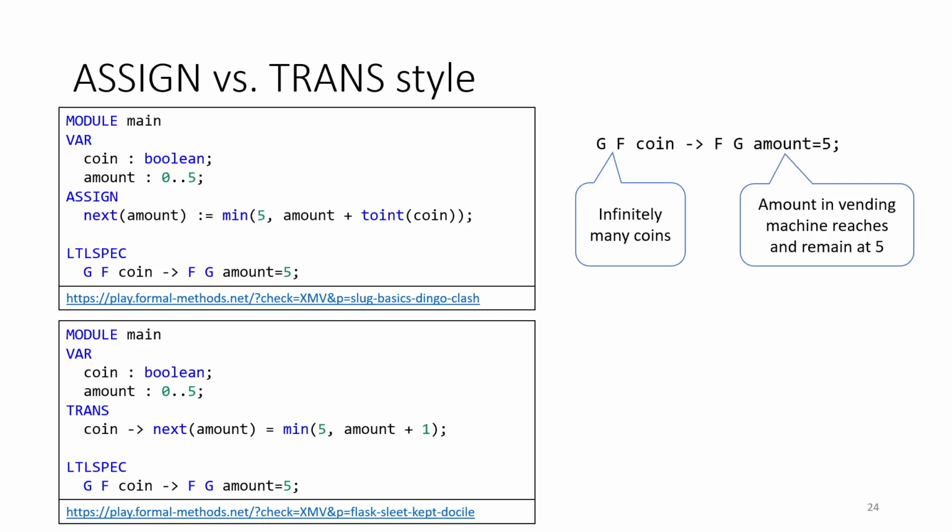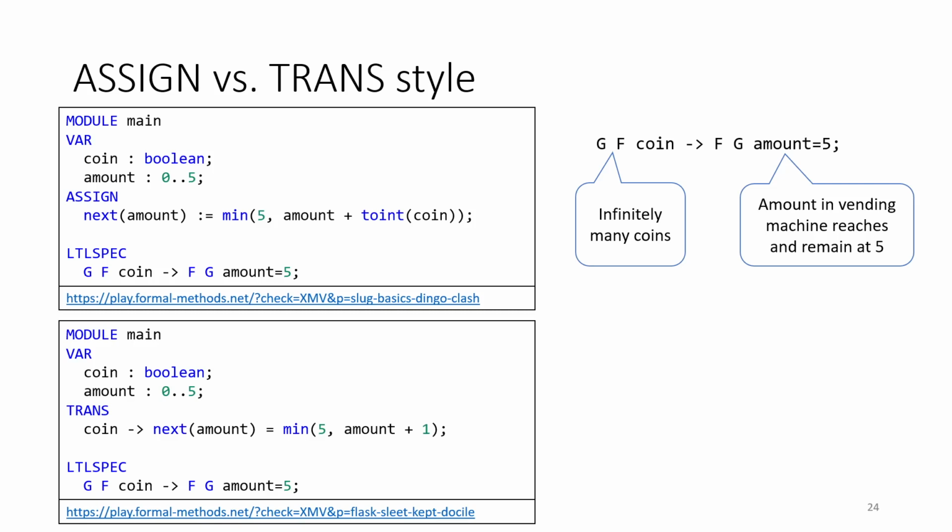That's this kind of assignment here. And if it's, let's say, the amount is already maybe 2, and coin is true, then there's 2 plus 1, that's 3. And the minimum of 5 and 3, that's 3. So the next value of amount will be updated by 1 because coin was true. So then the next value of amount will be 3.